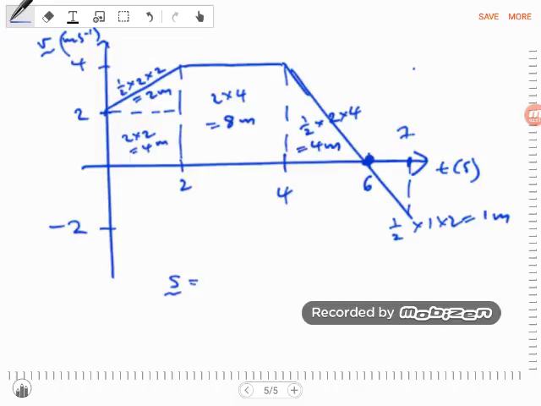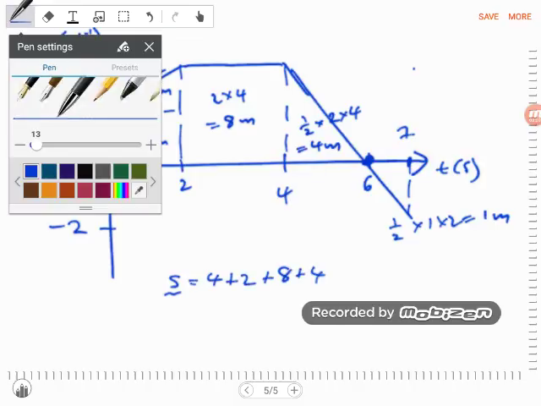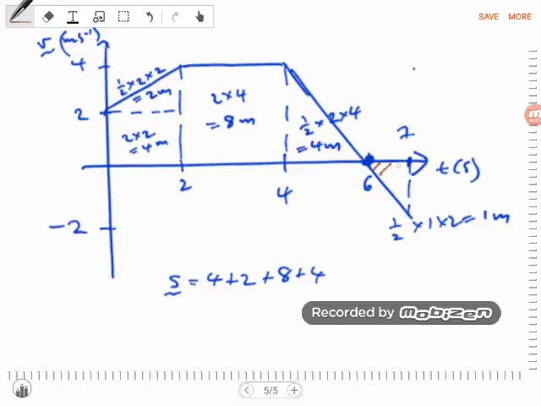Now we add these all up for the displacement: 4 plus 2 plus 8 plus 4, except here we've got an area that's below the graph, so we're going to subtract that one. That's going to be -1. So what do we get there? 6, 14, 18, and take 1, 17 meters.